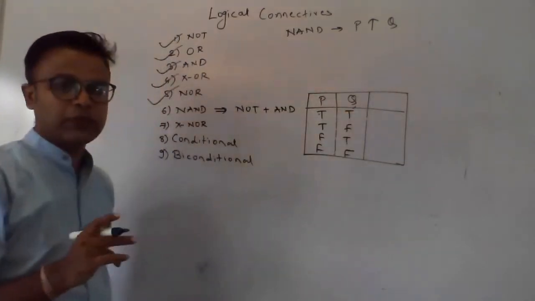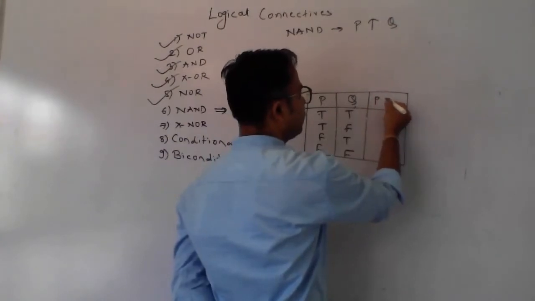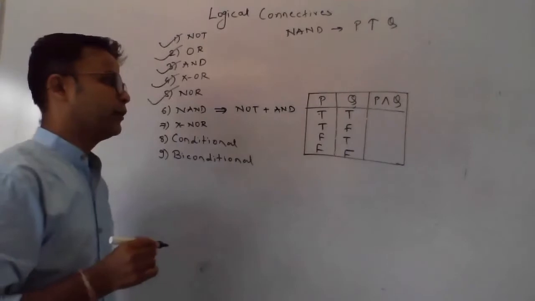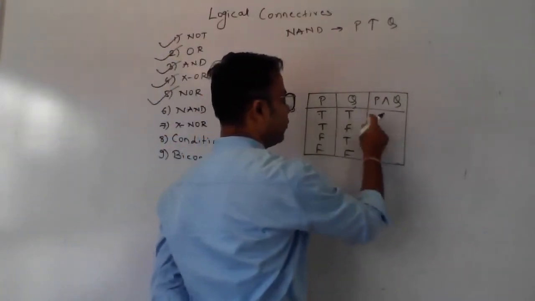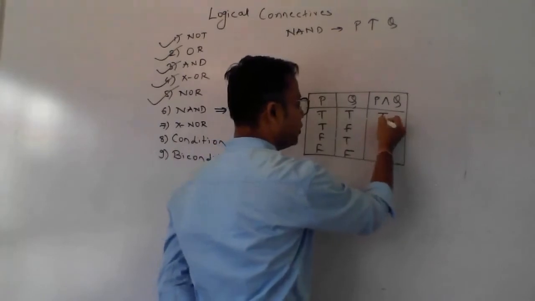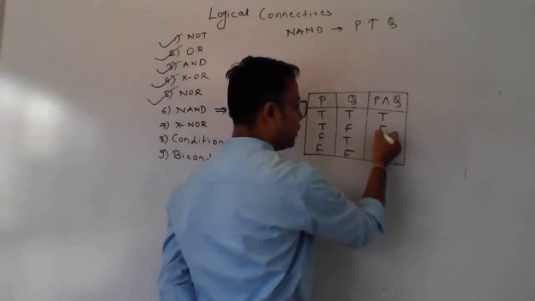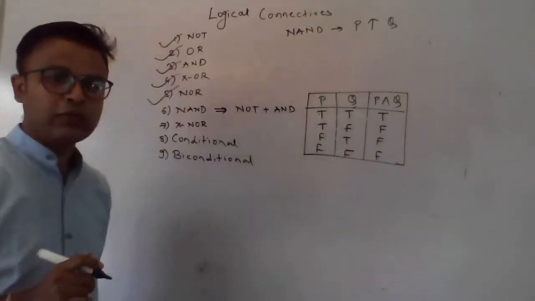As I said, to find the truth table of NAND, you must first know the truth table of AND. And we know that for AND, only when both the statements are true is it true, otherwise it is false.